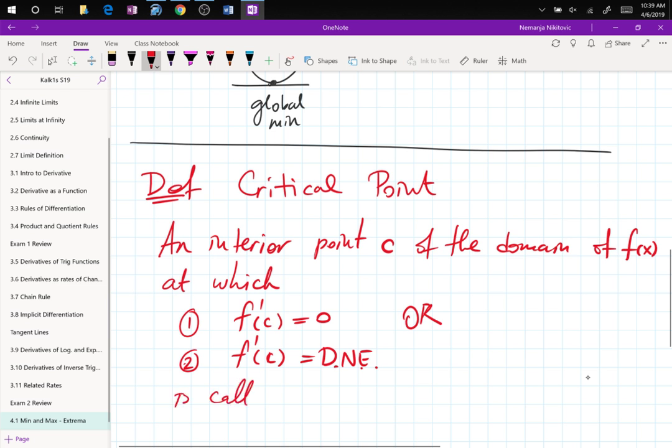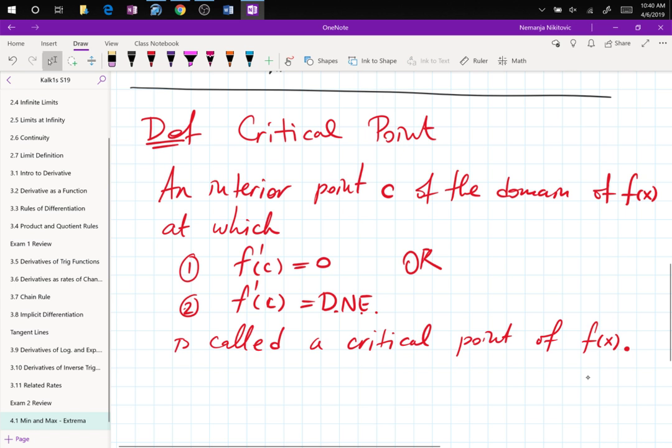is called a critical point of f of x. So that's what we have.